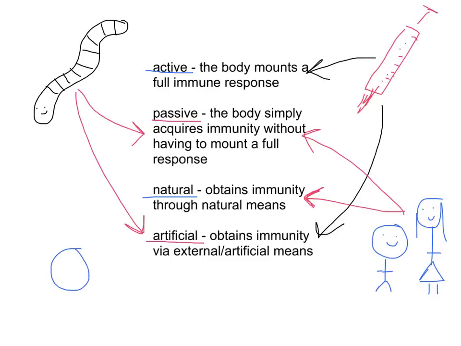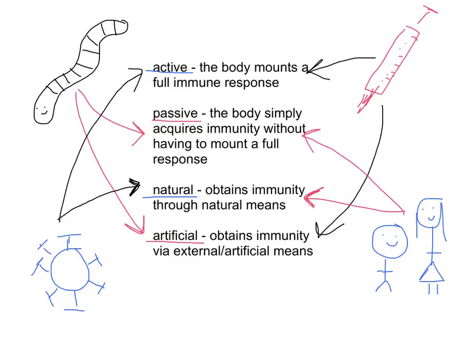So if we draw a virus particle from earlier, this is to represent straightforward, simple infection. Just catching a straightforward infection like a virus would be active because it would typically bring about the response, and natural because your body would naturally go to produce antibodies to fight that virus.